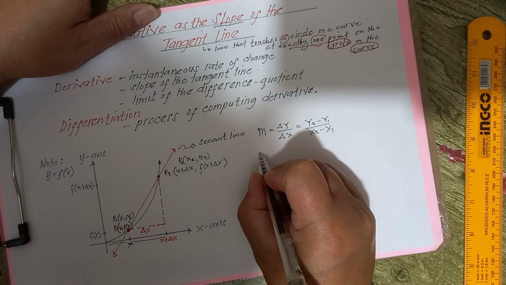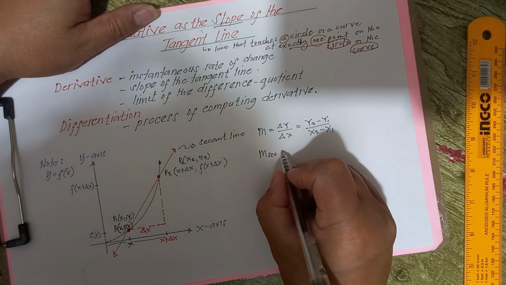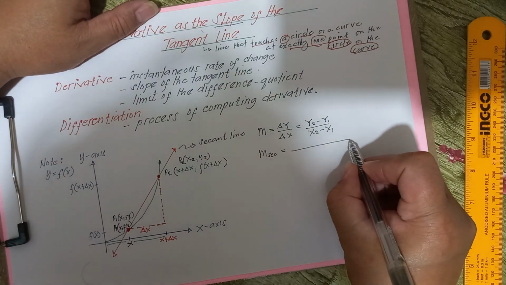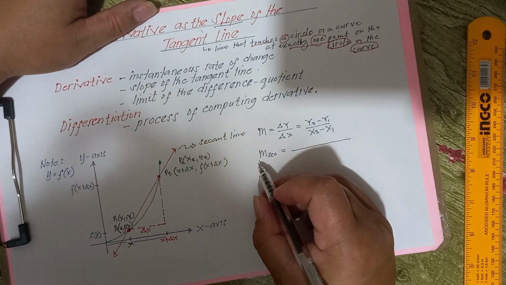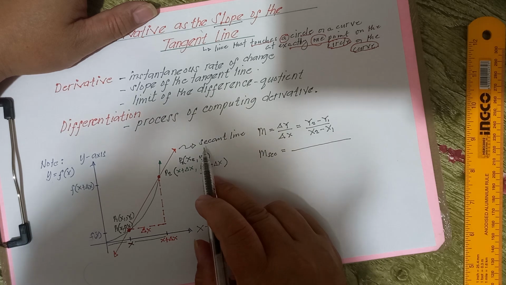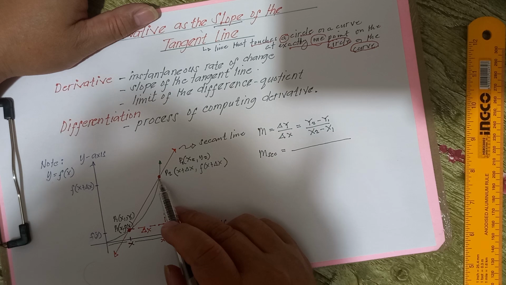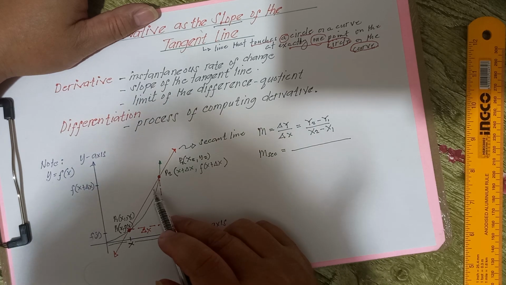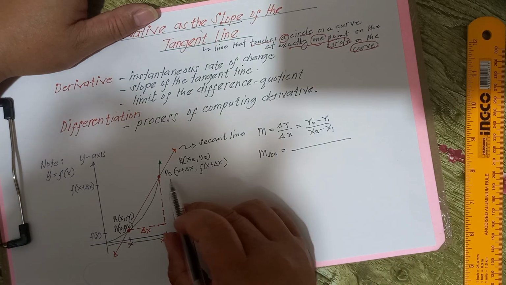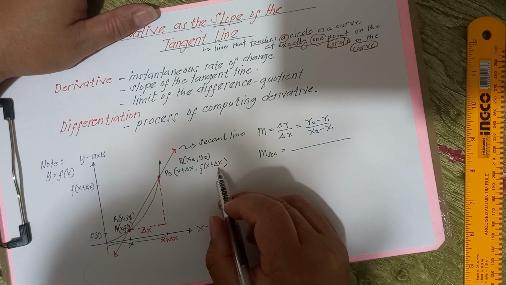Now we say m sub secant, the slope of the second line. Our second line is defined by at least 2 points, so that our y sub 2 will be our f of x plus change of x.